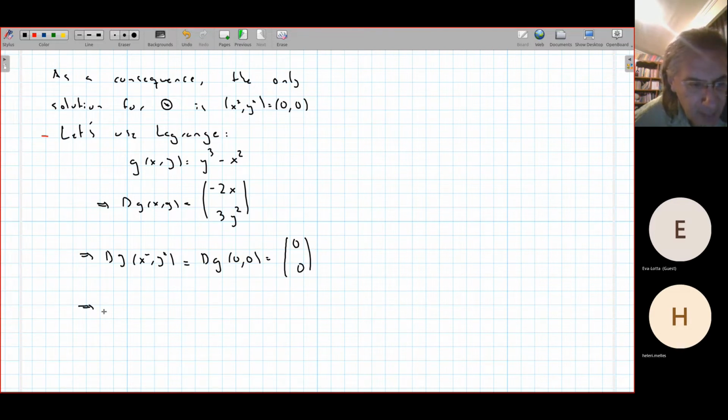And you can tell me what the rank of this matrix is. The rank is equal to 0, right? And then you remember who k is.